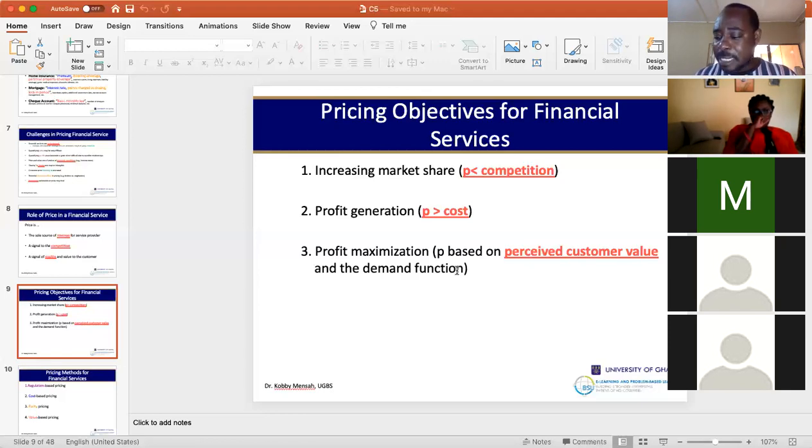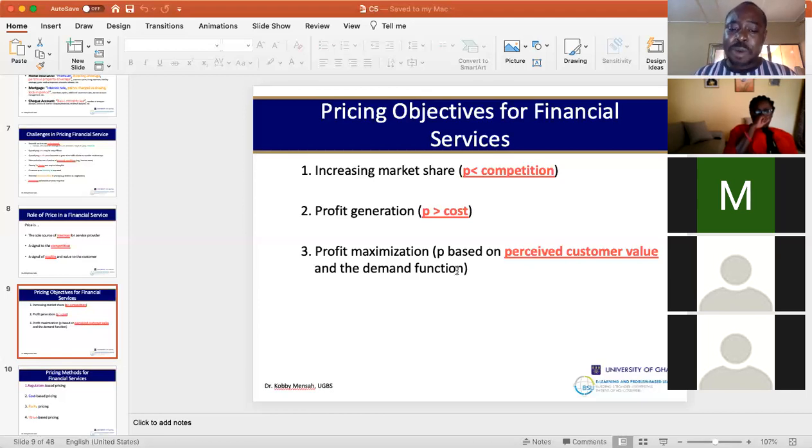So if producing the item costs you 20 Ghana cedis in total, then your price will be 20 Ghana cedis plus 10% of the cost base, and that will become your price. In that sense, you are only generating profit once the product is going.